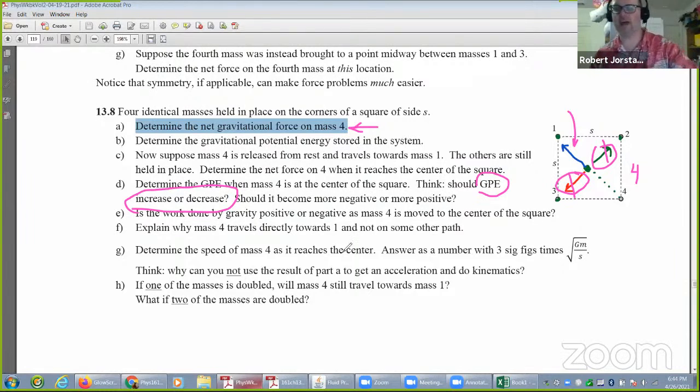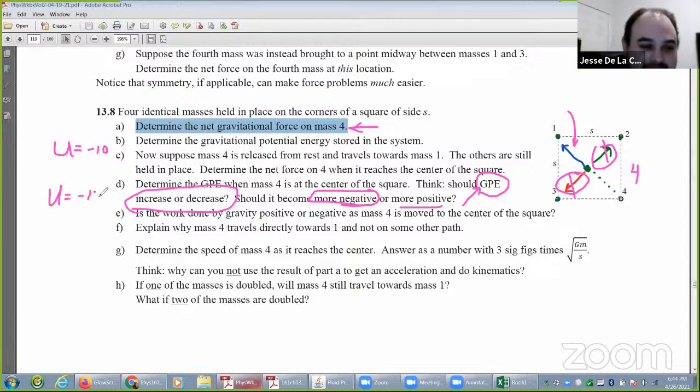So based off that, do you think it becomes more negative or more positive? The gravitational potential energy, will it become a bigger negative number or a more positive number? More negative. You started out at, say, negative 10. And then let's say we go down here and we end up at negative 12. I'm making these numbers up.